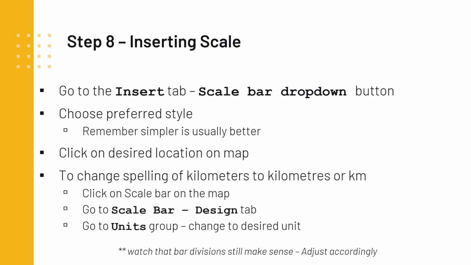Go to the Design tab. In the Units group, change to your desired unit and your spelling. Again, pay attention to the scale bar divisions, that they still make sense. Adjust it accordingly. You can click on the scale and make it longer or shorter to make your numbers nice and even.